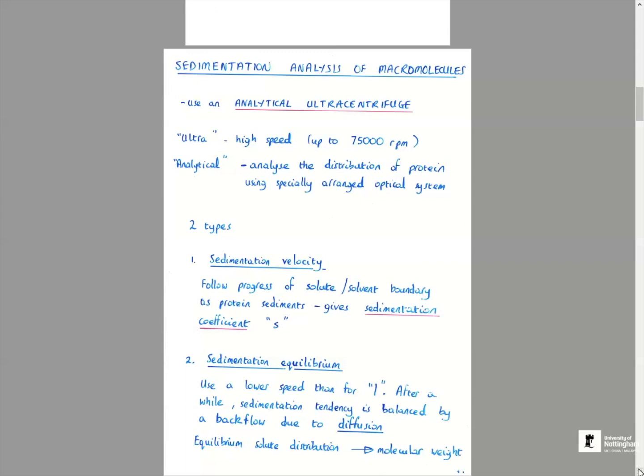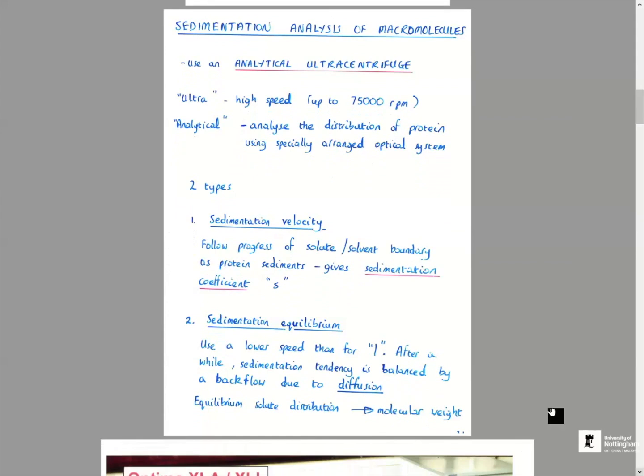But there's another technique we use, using the same instrumentation, and that's called sedimentation equilibrium. And what happens under equilibrium sedimentation is, instead of spinning things at very high speed, in fact with an analytical centrifuge, generally they go up to only 60,000 RPM because of the windows that we need for the optics.